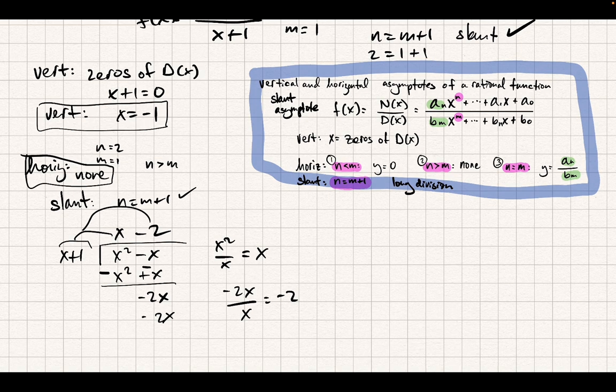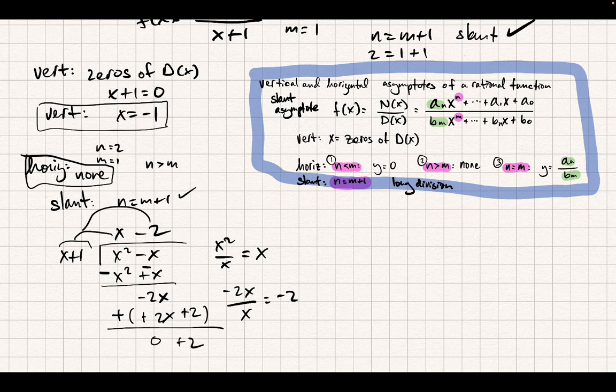Go ahead, Kira. And then you also have minus 2 as the remainder. Now I subtract all the terms by distributing the negative, flipping all the signs. That's 0 plus 2.